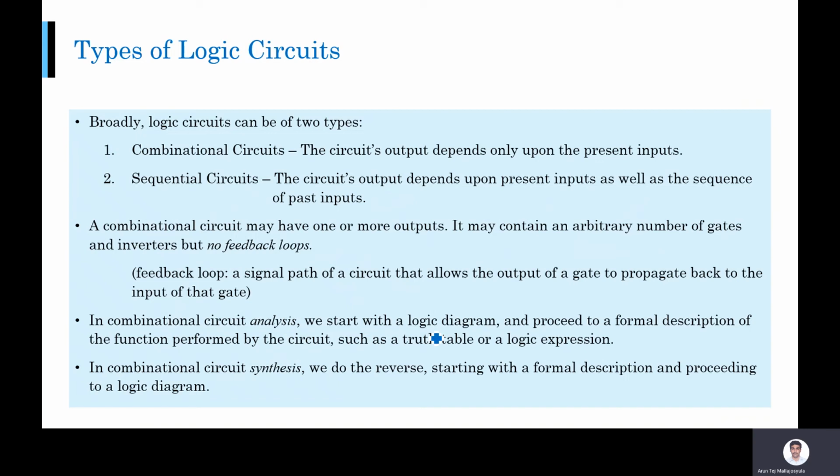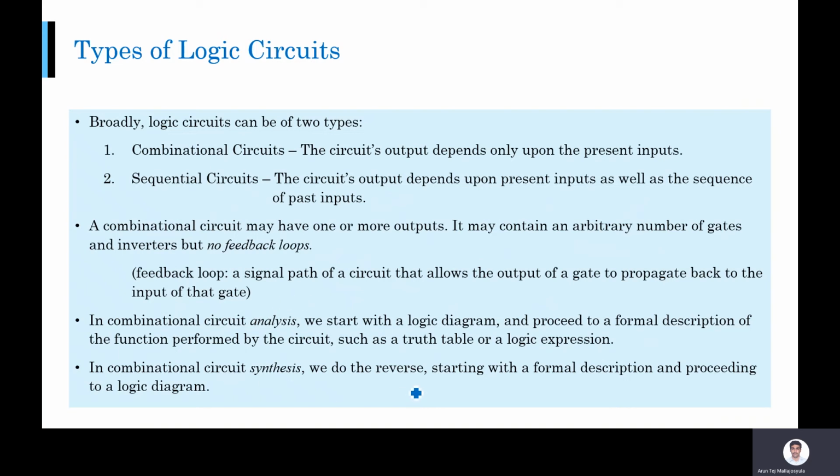We start with a logic diagram and then proceed to form a formal description of the function that the circuit is performing, such as a truth table or a logic expression. So you start with the logic diagram and you find out what the circuit is doing, by drawing your truth tables or getting a logic expression. That is called analysis.